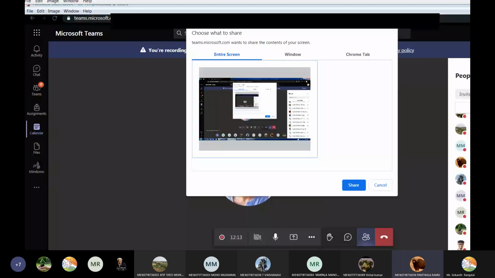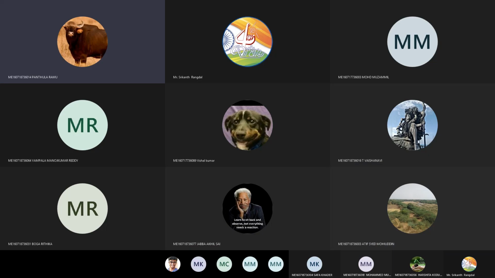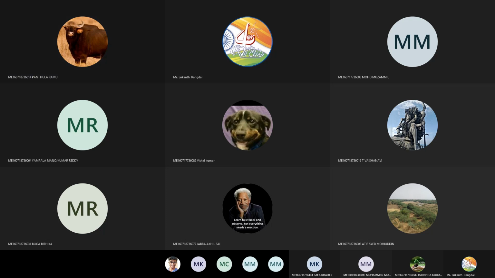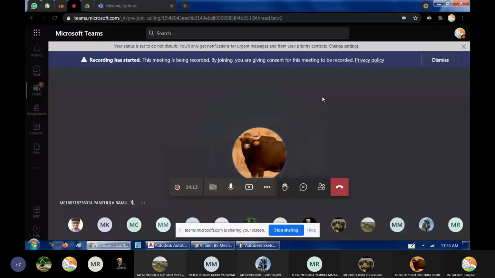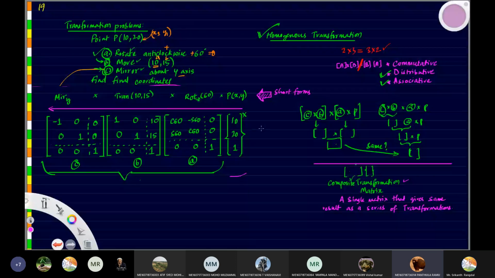Yes, sir, we are getting a screen. Is the cursor moving? No, it's choose what to shade and okay, it's gone, sir. Now? Okay, okay, sir. Now it's coming. The cursor is moving? Yes. Okay, now it's clear.